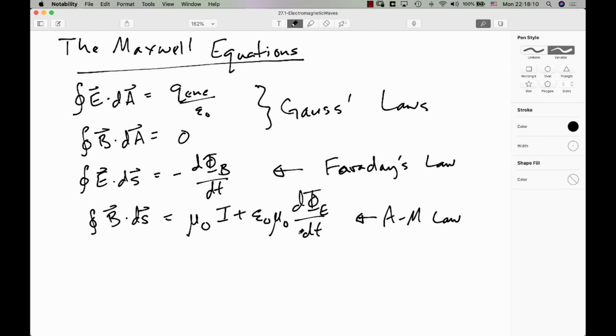Now, I want you to notice something here. And I admit I'm going to be kind of hand-wavy. But look at this. The electric field that we generate, if we're not changing the area or the angle, would be proportional to the time rate of change of the magnetic field.